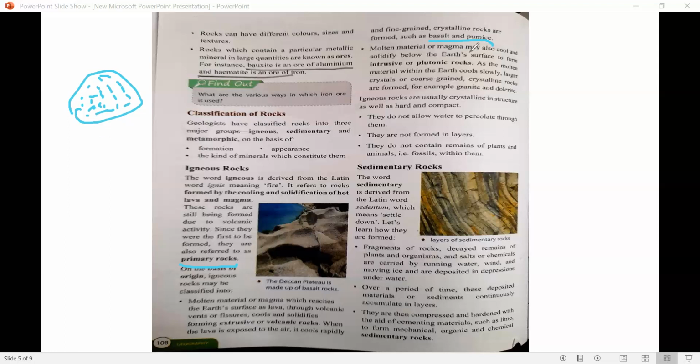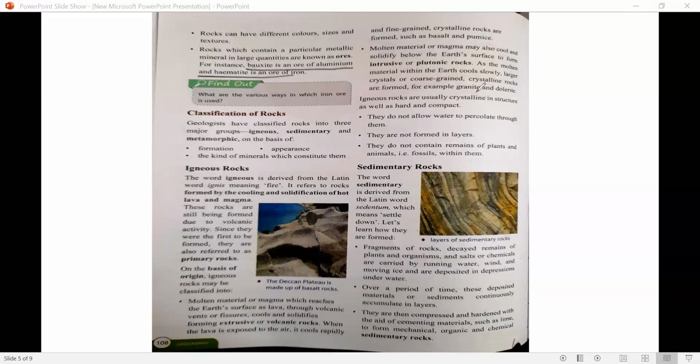Molten material or magma can also cool and solidify below the Earth's surface to form intrusive rocks. The first one was extrusive or volcanic rocks; this one is intrusive or plutonic rocks.